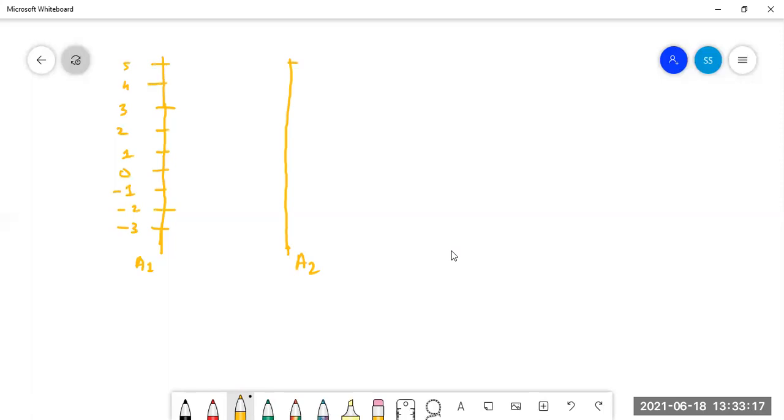Here also, 5, 4, 3, 2, 1, 0, minus 1, minus 2, minus 3. This is the technique. Now we are taking the line of, this is the gains.